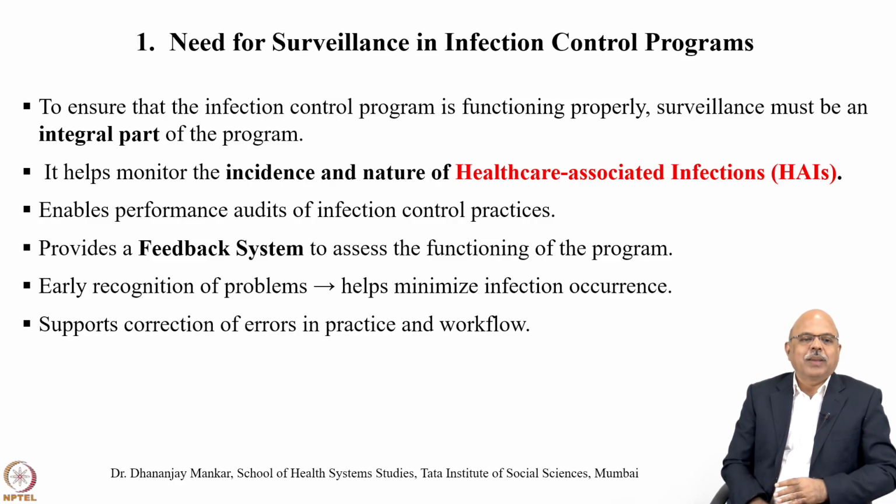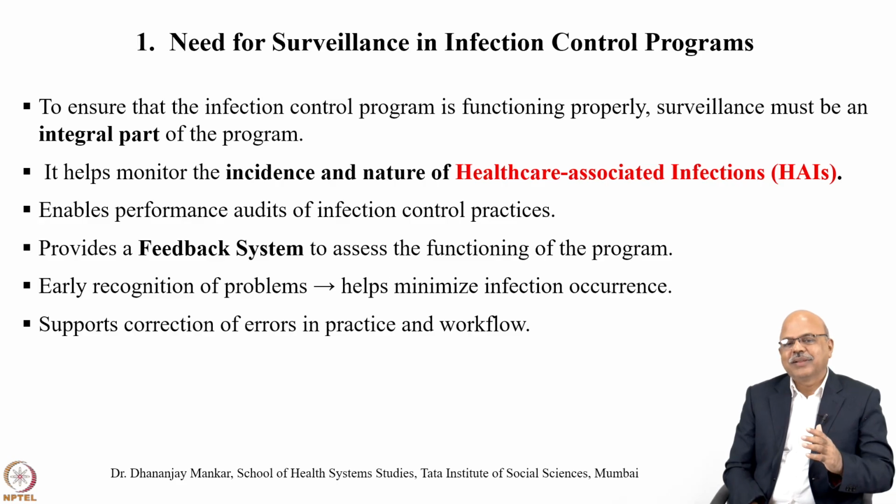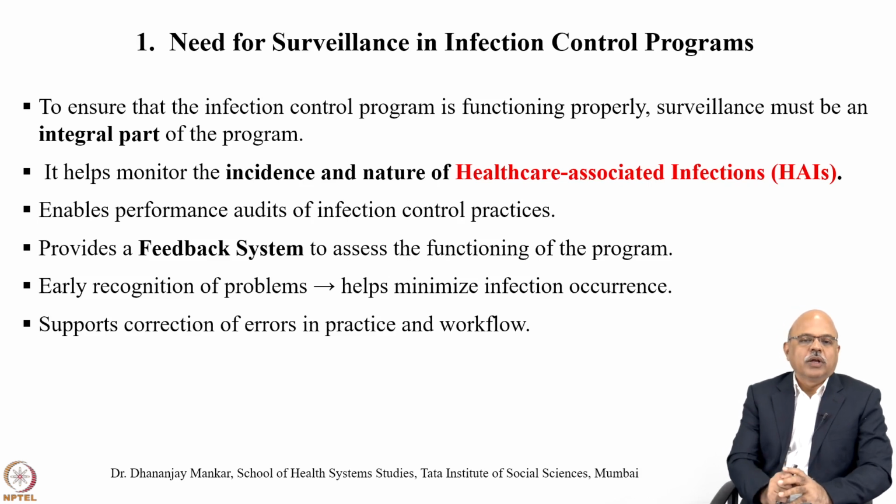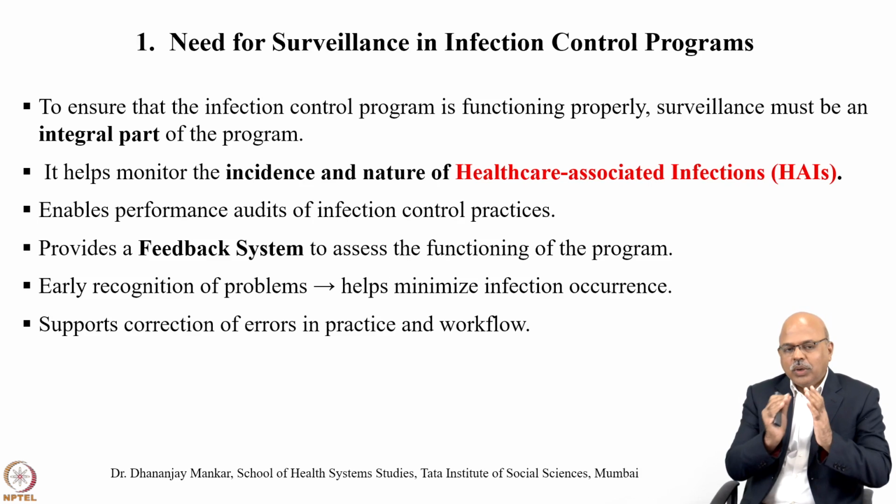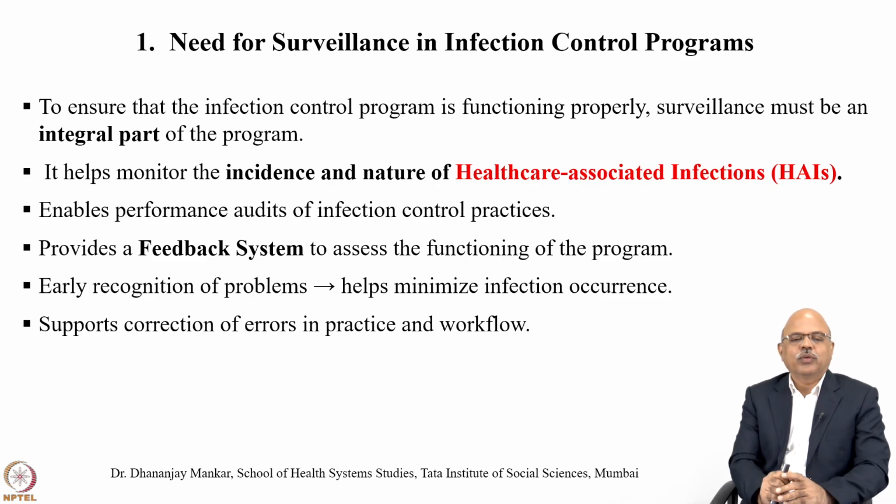This surveillance program is meant to monitor the incidence and nature of the HAIs. In the previous chapter, we saw hand washing, which is more related to reducing the HAIs. Now we will be seeing the importance of surveillance in the infection control program.